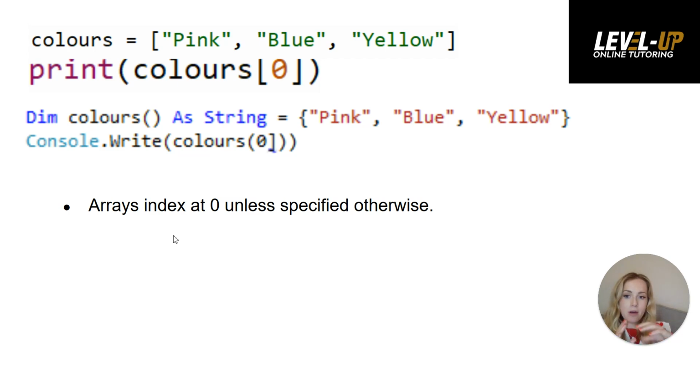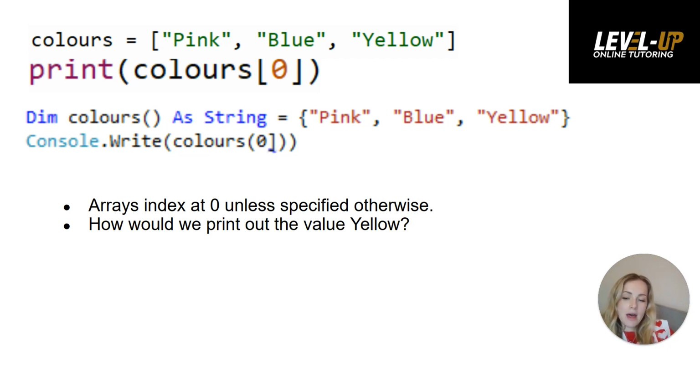Really important here: arrays index at 0 unless specified otherwise. Sometimes questions say, for example, this array indexes at 1. That means the first value the program is going to look at is 1, meaning pink would be position 1. But you can always assume it starts at 0 unless they say it in the question.